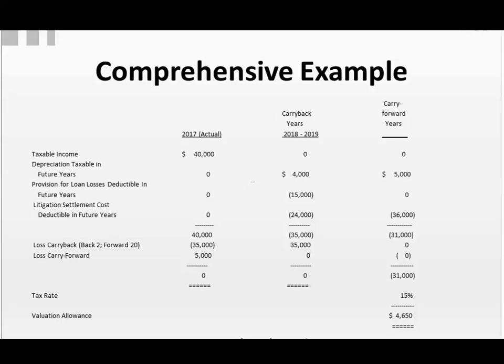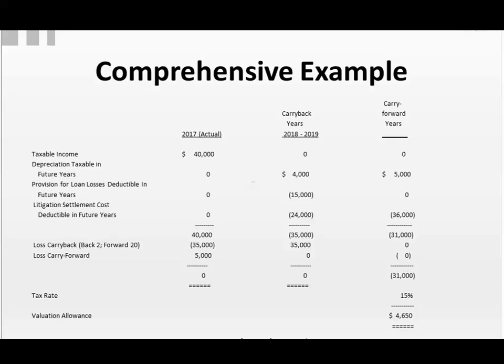So given that, and letting the temporary differences play out, you'd wind up in the carryback years with a $35,000 loss. And what would you do with it? Well, on a piece of paper, you'd carry it back. So if it was real life back then, you'd take the $35,000, carry it back, and get a refund against that $40,000 that I paid taxes on back in 2017. All right, then I still have $5,000 that I can carry forward.